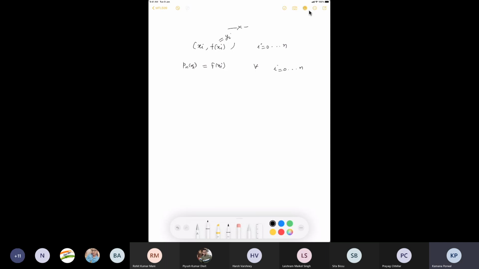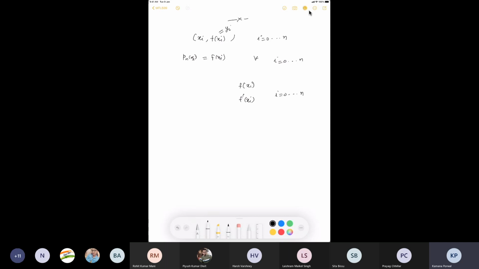What was the idea? We first realized what is the degree of this polynomial, and then we got a formula for computing it. So now I'm posing a new problem. Suppose we are not just given the evaluation of the function at the nodes, we are also provided with the information that we know f prime at the xi's for all i ranging from 0 up to n.